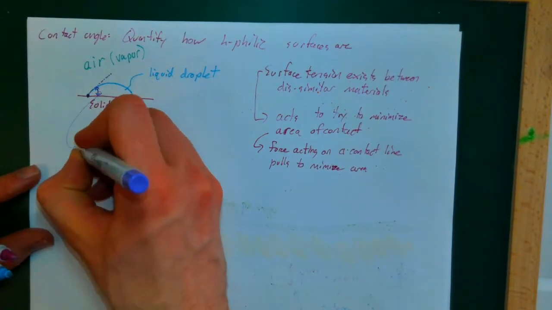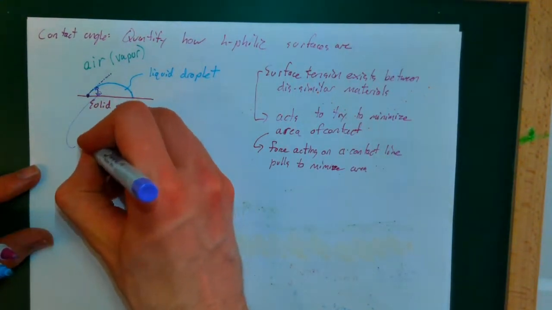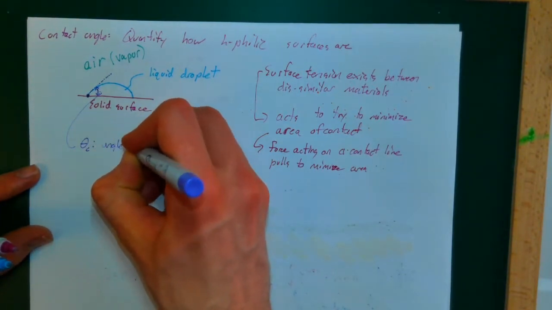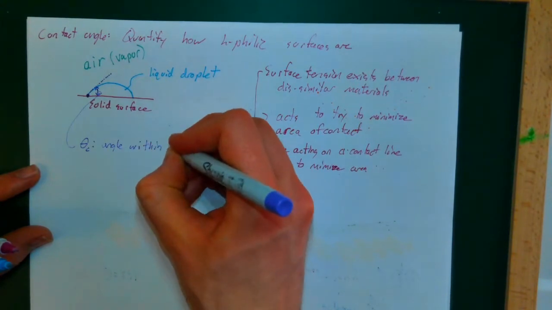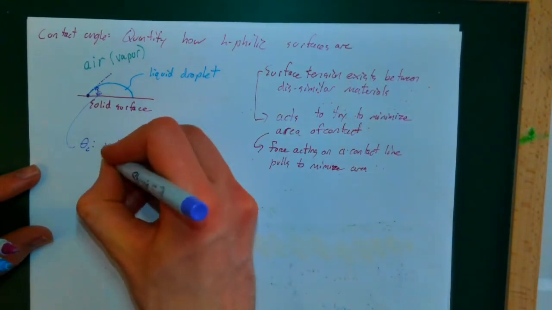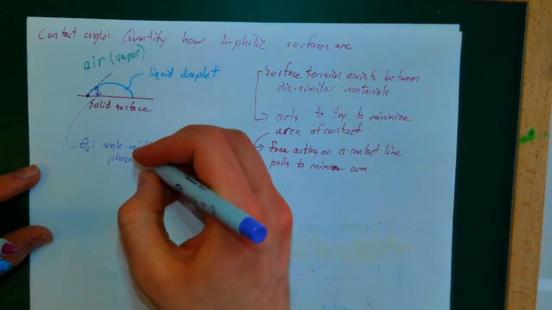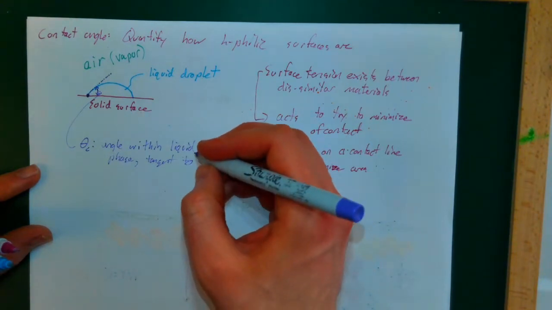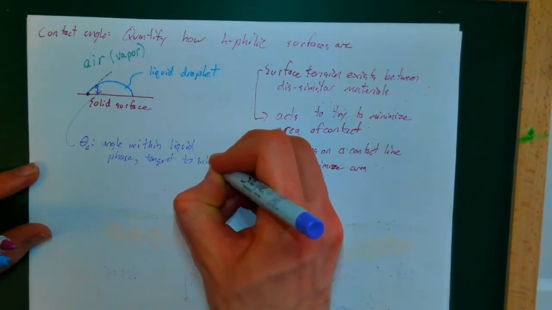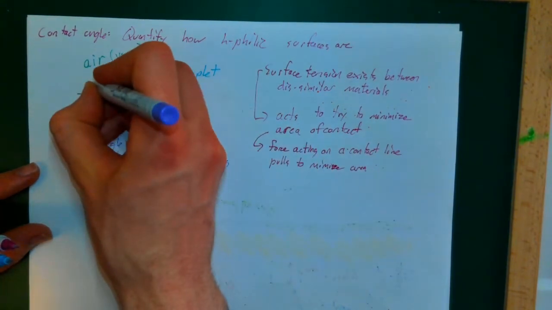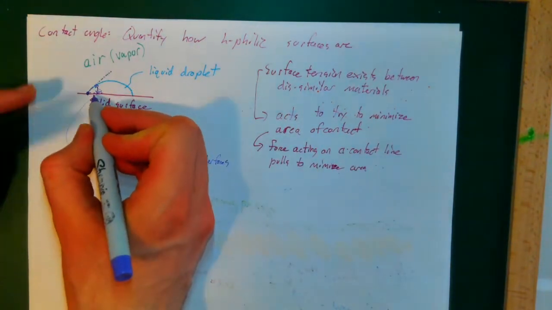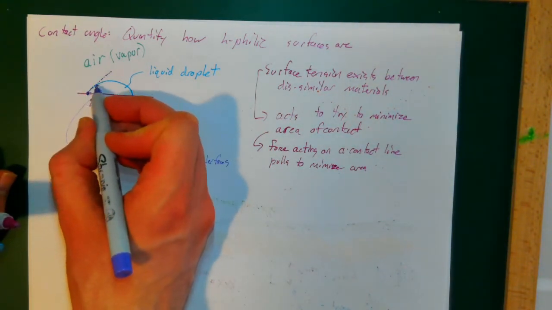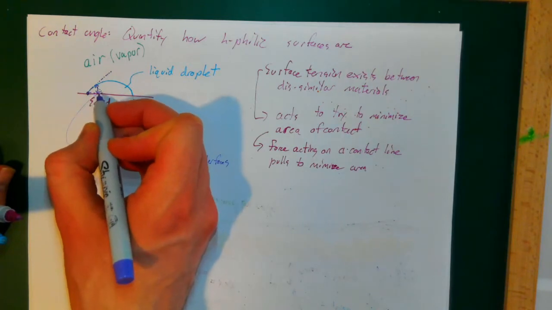So basically theta contact is defined as the angle within the liquid phase and tangent to the interfaces. If you imagine two lines tangent to those two interfaces at that contact point between all three interfaces, the angle within the liquid phase is the contact angle.